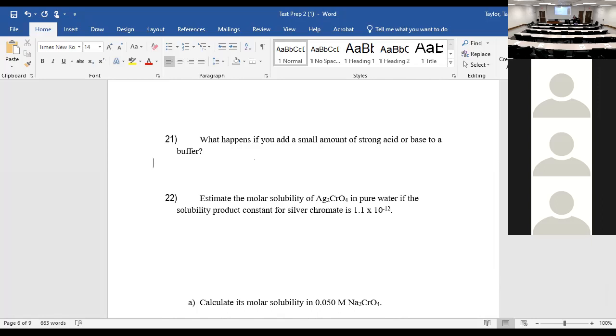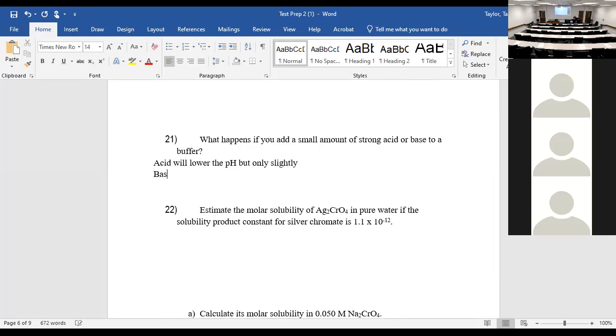Yeah, that's one way to describe it. If you add a small amount of a strong acid, the buffer is going to take it in and react with it without changing the pH much. An acid will lower the pH, but only slightly.